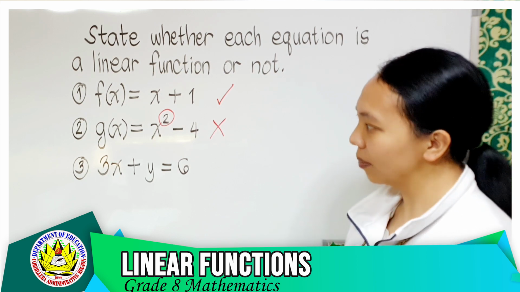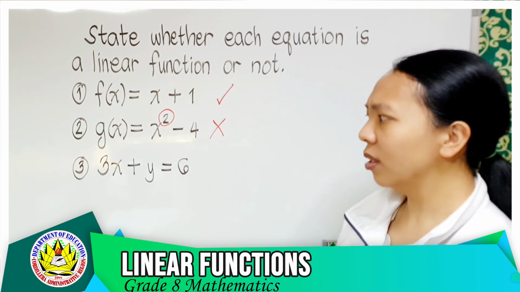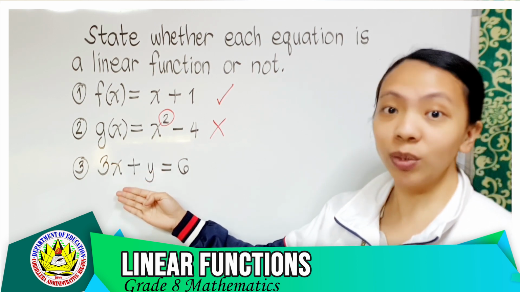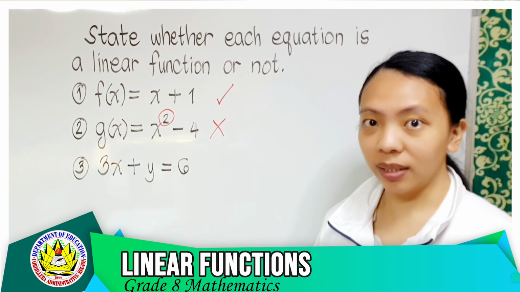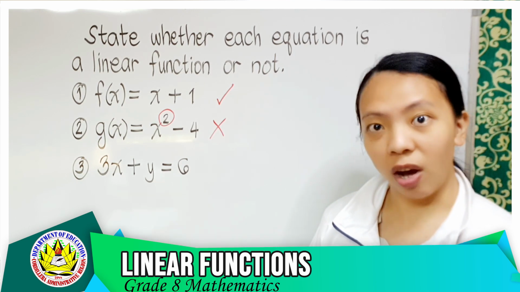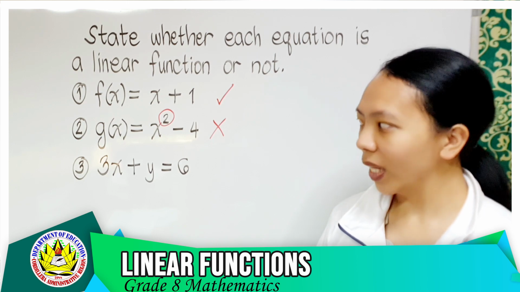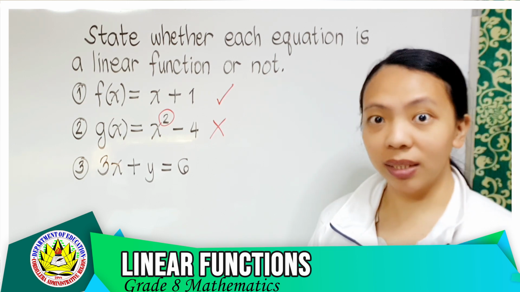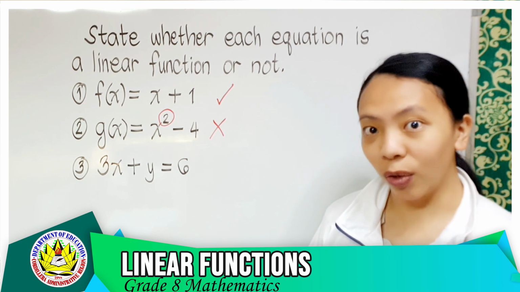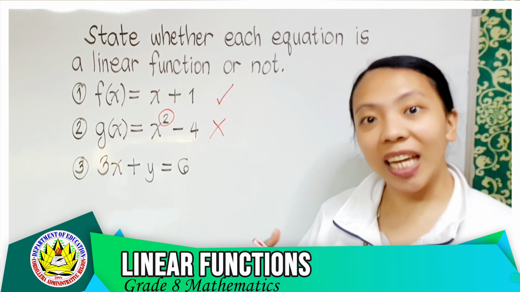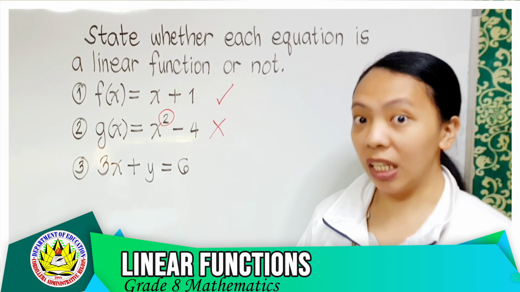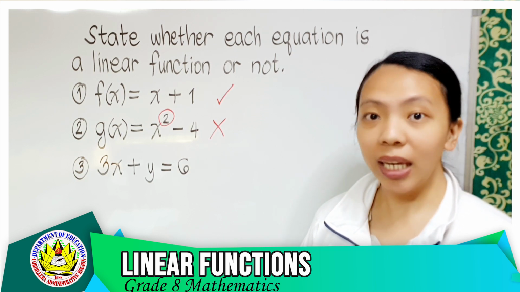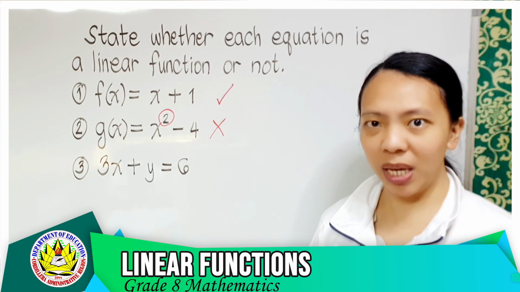And lastly, what about 3x plus y is equal to 6? Is it a linear function or not? 3x plus y is equal to 6 is a linear equation that can be transformed in the form y is equal to mx plus b.